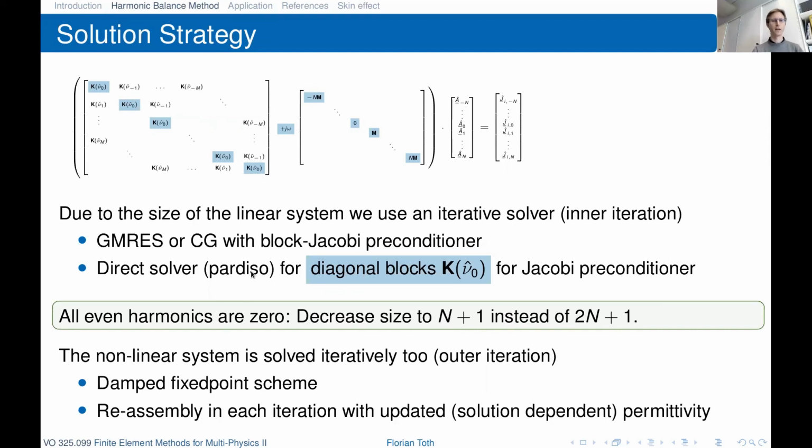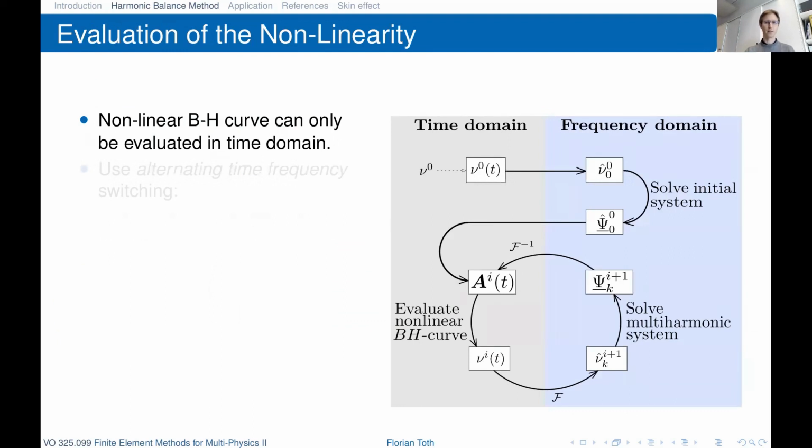And now we will actually look at how we can compute these harmonic coefficients of the material parameter. And for this, we need to evaluate the nonlinearity in the system. So the BH curve that actually defines our nonlinearity can only be evaluated in the time domain. This is what the physics tell us.